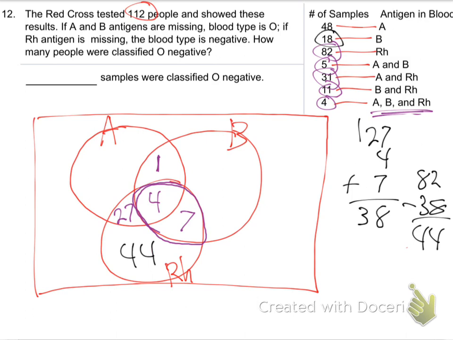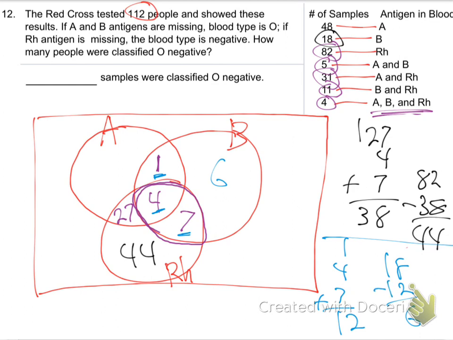Let's keep going. 18 in the B circle altogether. So what do I do for 18 in the B circle? Same thing. Just take what you already got in the B circle, the 1, the 4, the 7, add them up. 12, and then subtract from 18, 6. This has got to be 6 here, to make 18 total in the B circle.